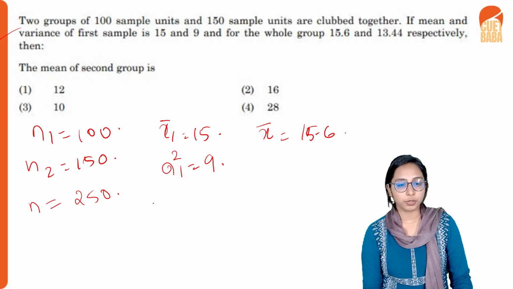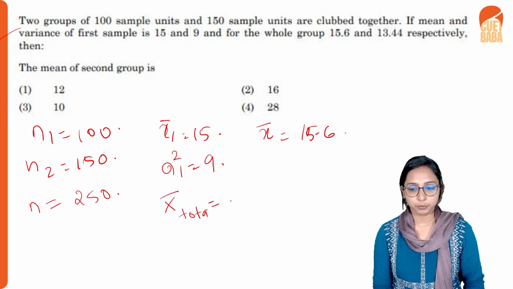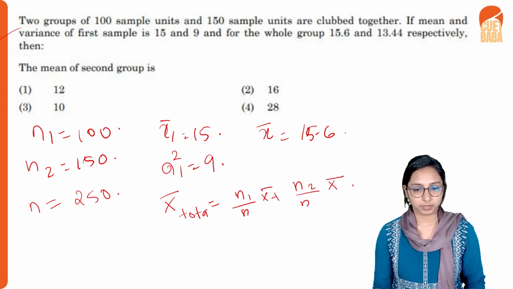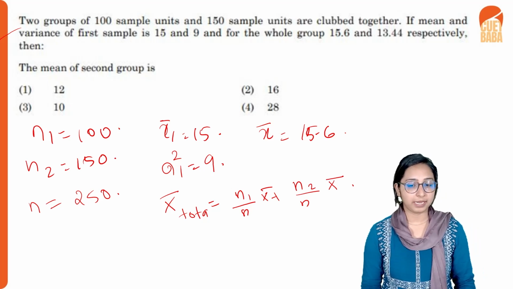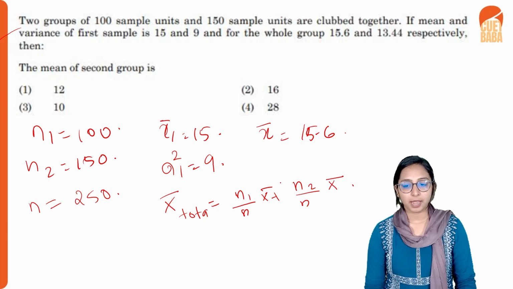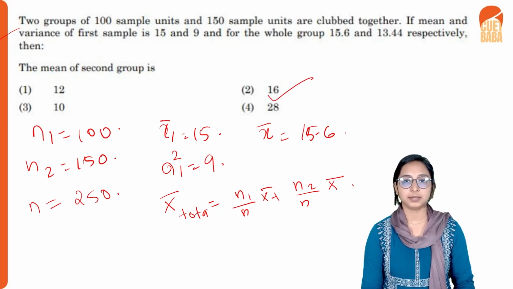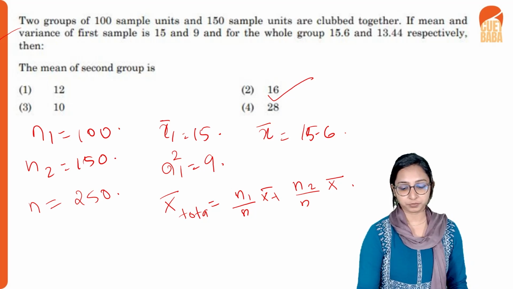So using the equation x bar total is equal to n1 by n times x1 bar plus n2 by n times x2 bar, we can calculate, since we have n1, total n and x bar, and we get the final answer as 16. So 16 is the right answer. 16 is the mean of the second group.